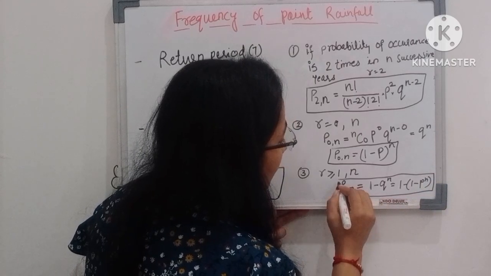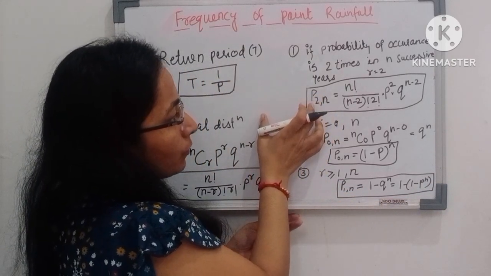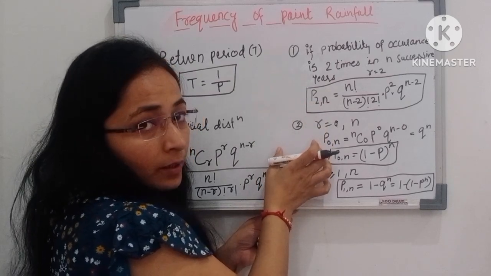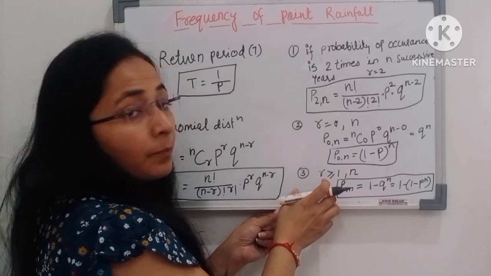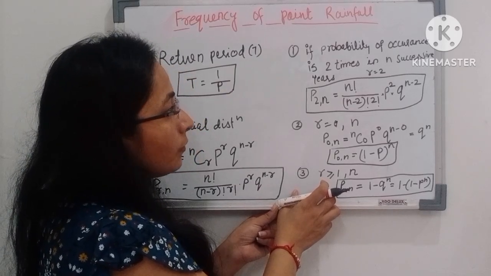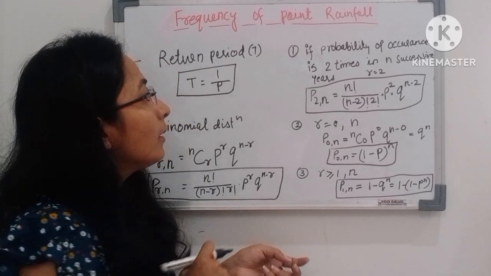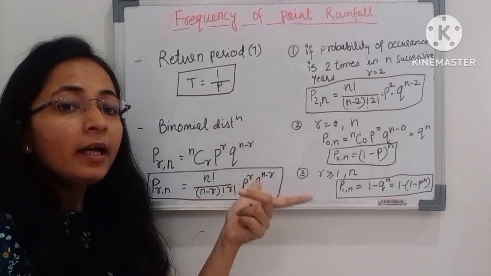So this is the formula. Here the probability was for 2 times in n successive years, here the probability of occurrence was 0 times in n successive years, and here the probability of occurrence of that event is at least once in n successive years. So this is the analysis of frequency of rainfall data.